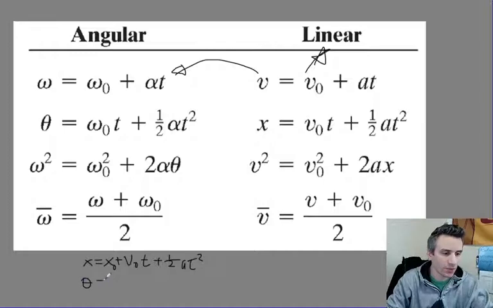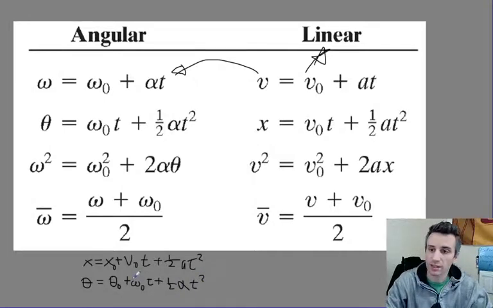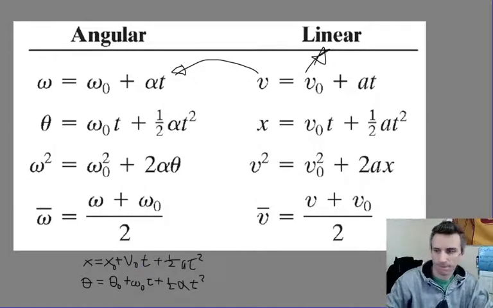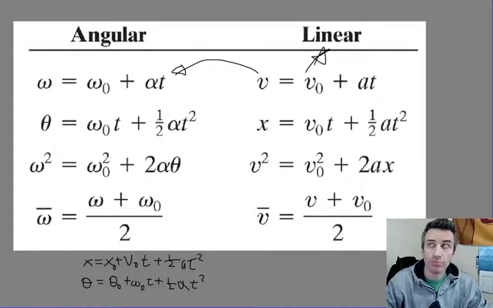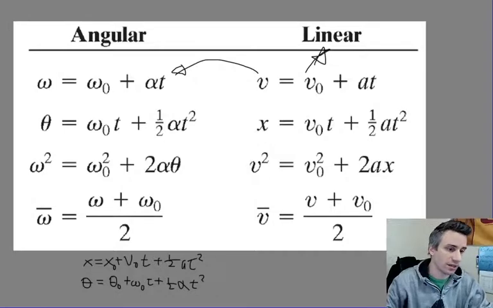So theta equals theta naught plus omega naught t plus 1/2 alpha t squared. Okay, you must recognize that those are basically the same equation. It's just that one applies to angular movement rather than linear movement, but they're virtually the same equation. You should now move forward recognizing that you can basically take any equation and turn it into an angular equation. Okay, and I'm going to test you guys on this in a moment. So I'm going to go ahead and move on.